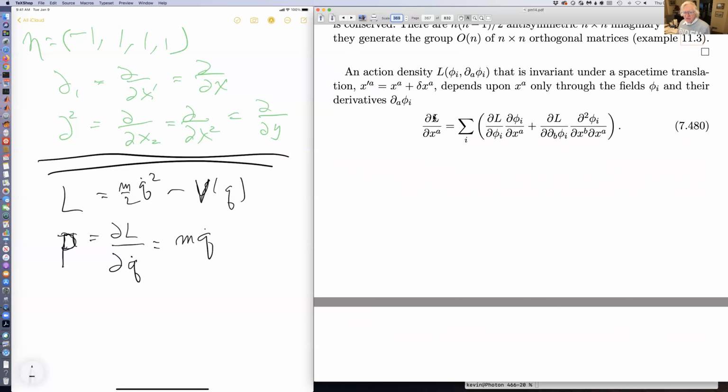And so the partial derivative of the action density with respect to any of the coordinates is then this expression. There's no extra term. What you have here is you don't have an extra term, partial L, partial x.